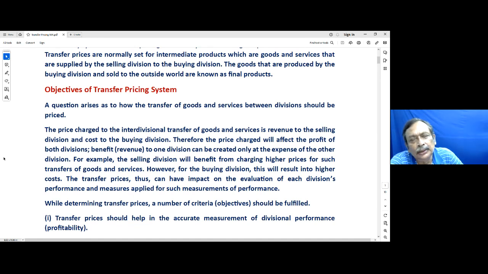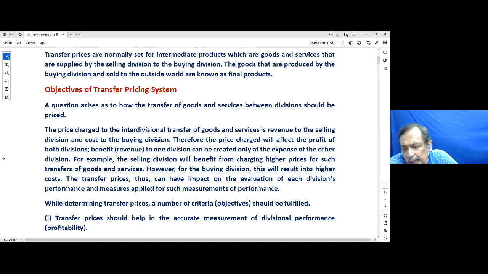So remember, if the transferor division is going to charge a higher price, then its revenue will be more, its profit will be more. But on the contrary, the transferee division, that is the buying division, its cost will be more, its profit will be lower.